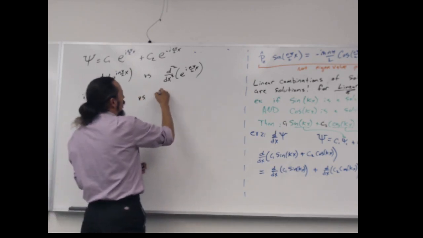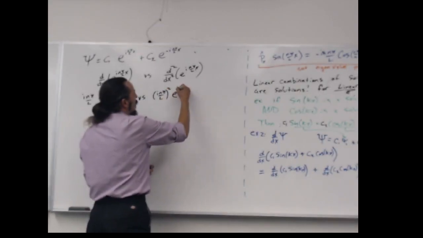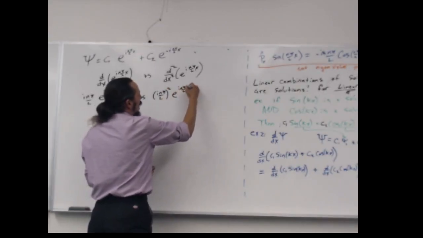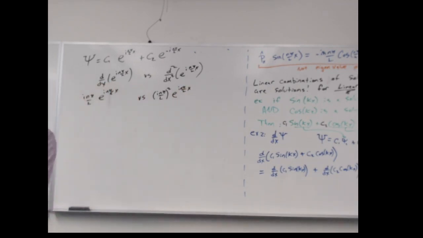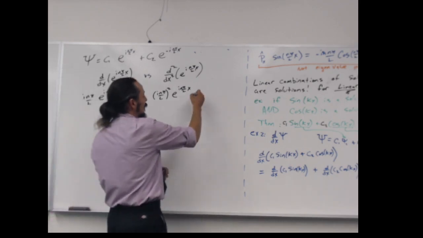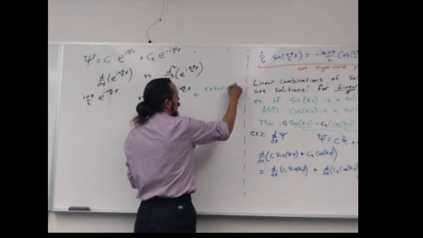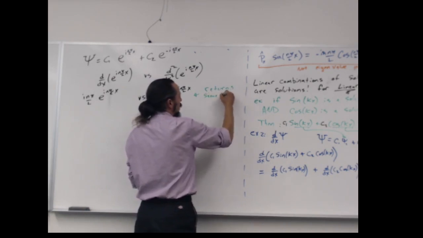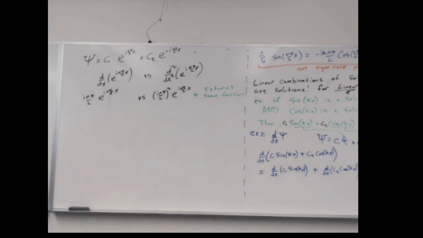This will get us an I n pi over L squared, e to the I n pi over Lx. Right, and the point of this is, whether we're doing the first derivative or the second derivative, that means these exponential functions are eigenfunctions of momentum and of energy.